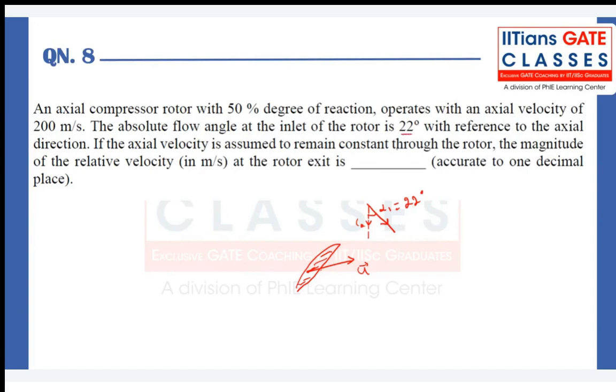Now since it is already rotating, I have a well-known vector relation, that is C is equal to U plus the relative component W. So the blade cannot see the flow at this absolute velocity vector, but it sees it at an angle relative to the axial velocity, given by the relative velocity component, and the angle is beta 1. So my inlet velocity triangle looks something like this.